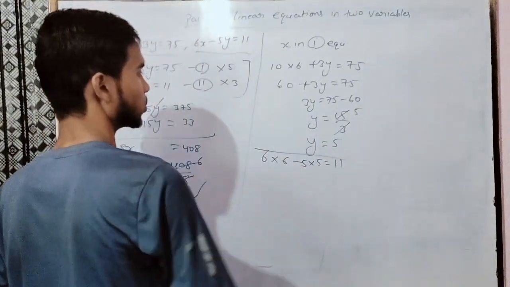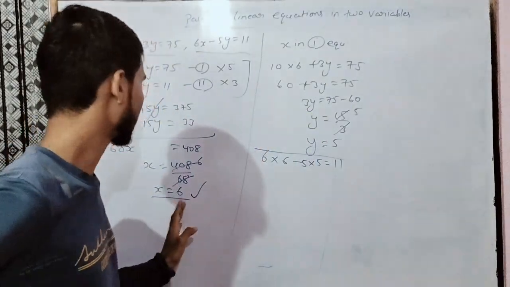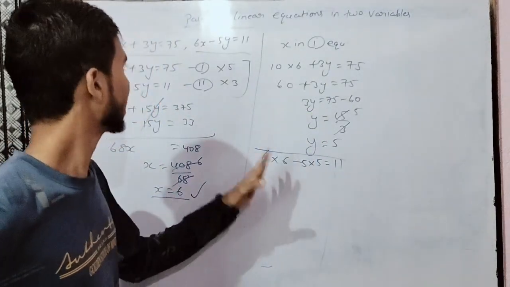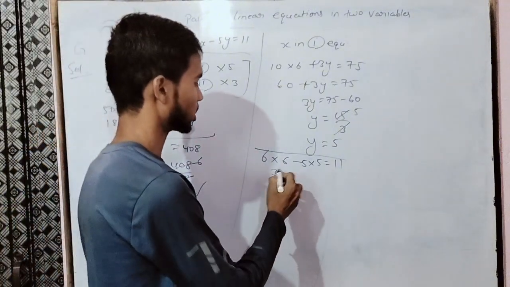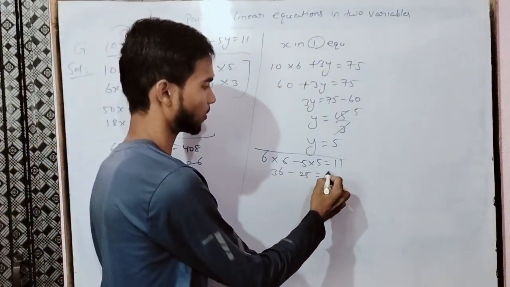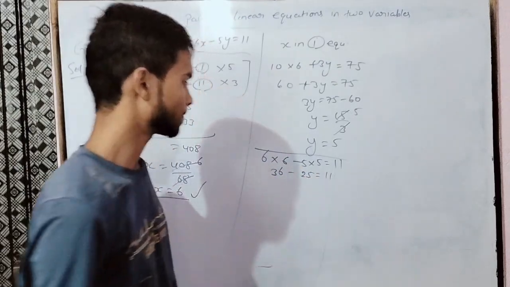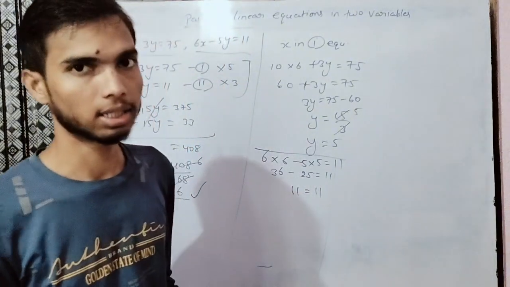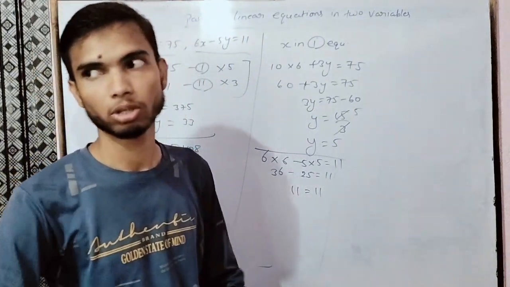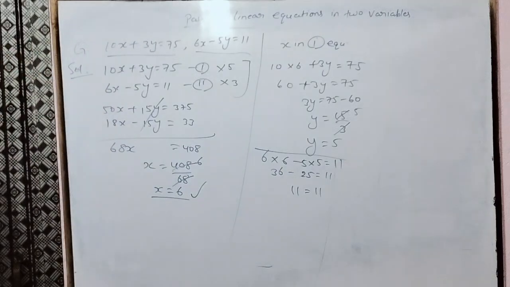So we are substituting the value of x and the value of y in the second equation. So this is 36, this is 25, and 11. So 11 and 11. Here you can see LHS and RHS are equal to each other. So that's why our answer is correct.